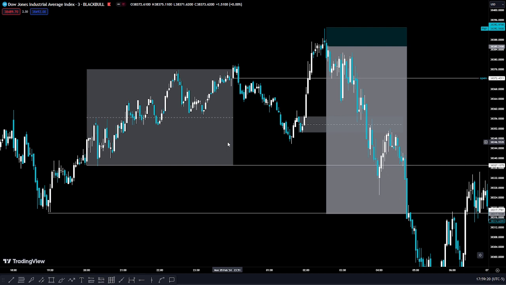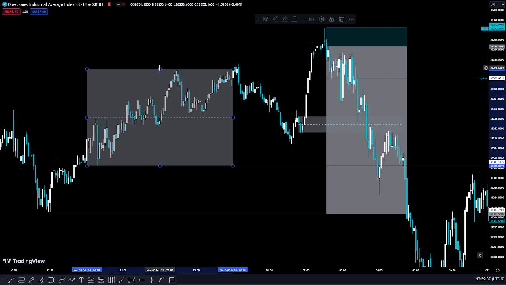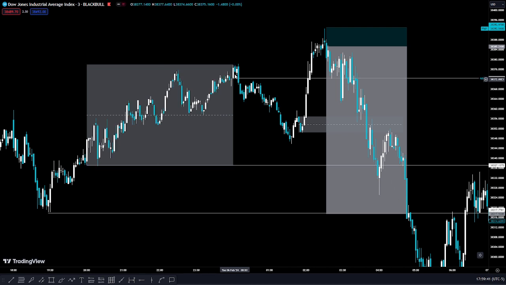So the next is the price taking out the Asian range. This is the Asian range, right? This is the opening candle, so it's going to be a little bit higher. This is the 12 midnight candle, so you want to take note of that.